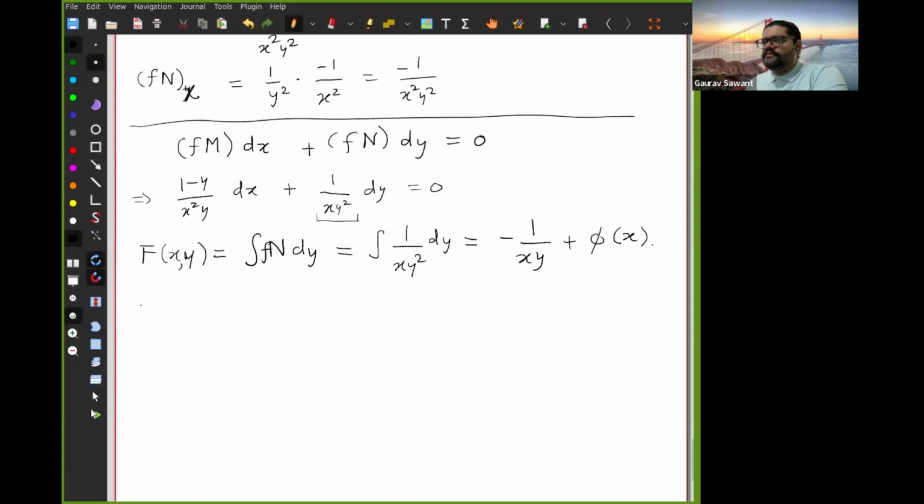And then m should be equal to fx, which leads us to (1 minus y) over x square y equal to.